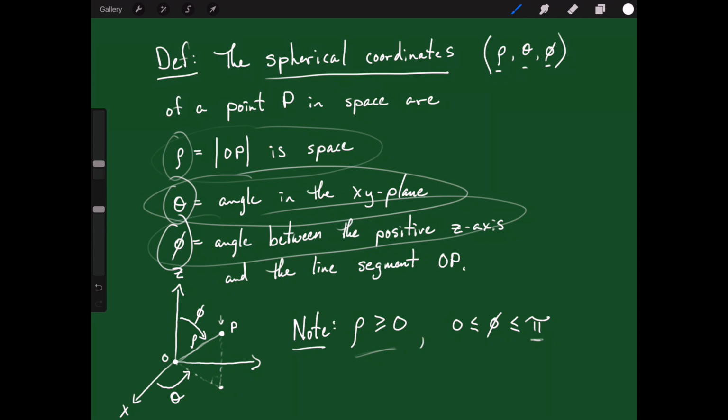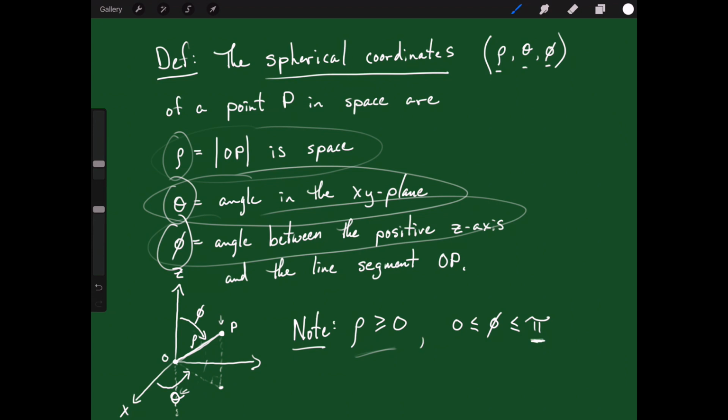Because if you're taking an angle down to a line segment anywhere from the z-axis, the furthest you could get away from the z-axis is the negative z-axis. And what's the angle all the way down to the negative z-axis? It's pi. So the biggest that phi could ever be is pi, not 2 pi.